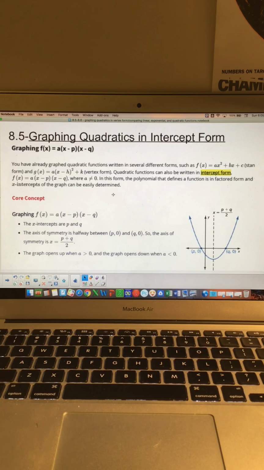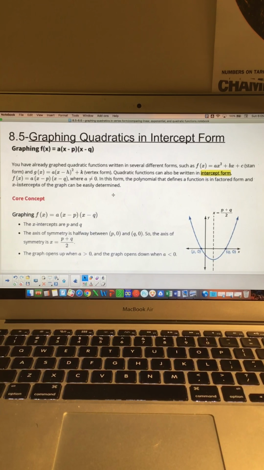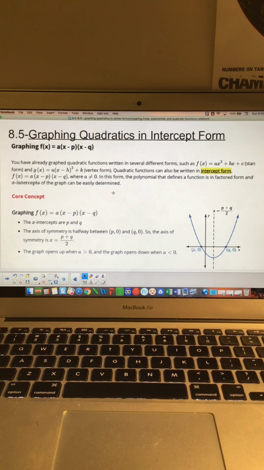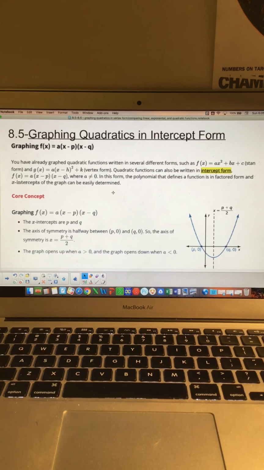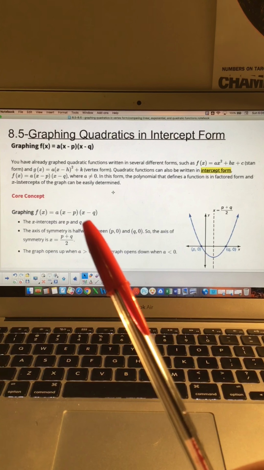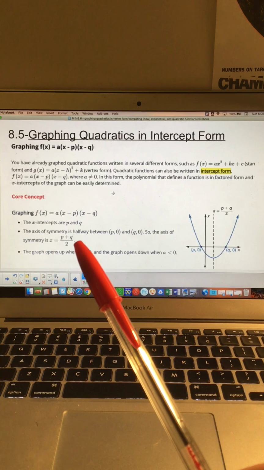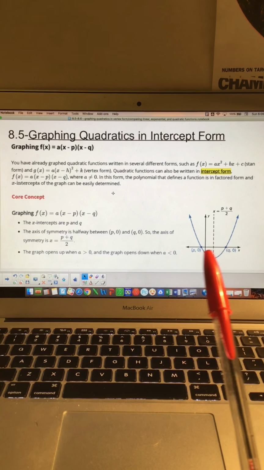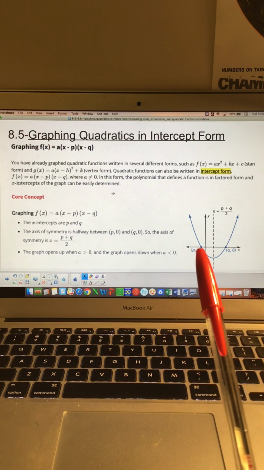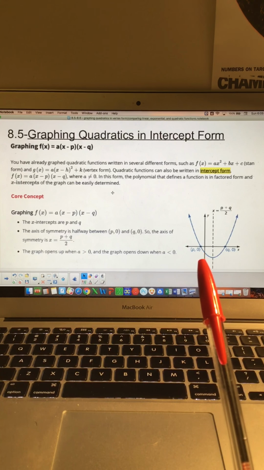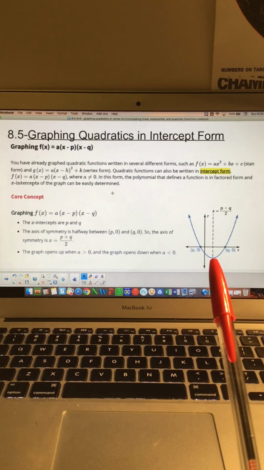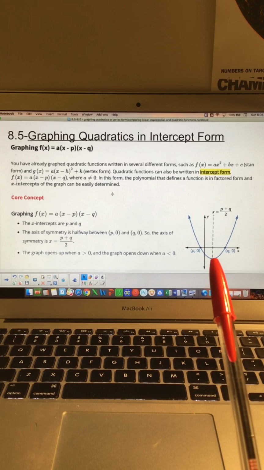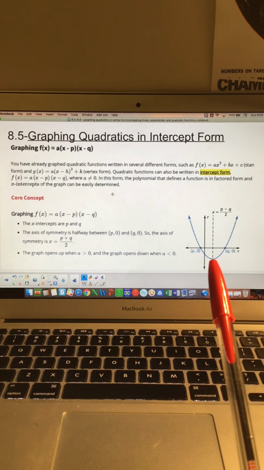Now, when we go to graph these, let's think about this. We're going to have the intercepts already. We need the vertex. In order for us to get the vertex, we're going to need the axis of symmetry. If this is where it's crossing the x-axis, our vertex is going to be right in the middle of those intercepts, directly in the middle.